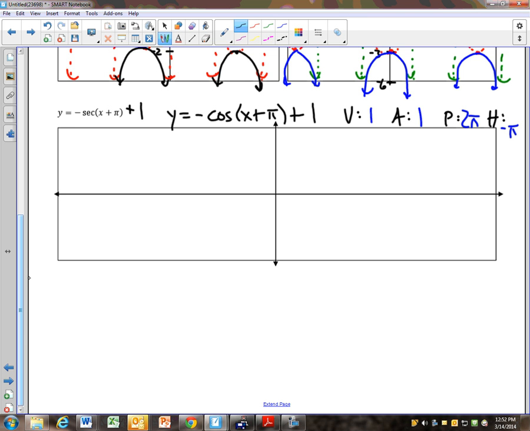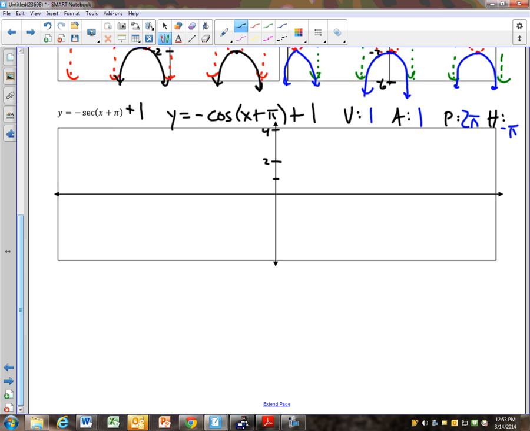So let's apply those in the order we talk about. Okay, vertical shift is up 1, and the amplitude is 1. So what's going to be the highest point that your cosine graph would reach? 2. So I want to make sure if that's my highest spot, that way my secant graph will be up here. So I want to make sure I leave room for that.